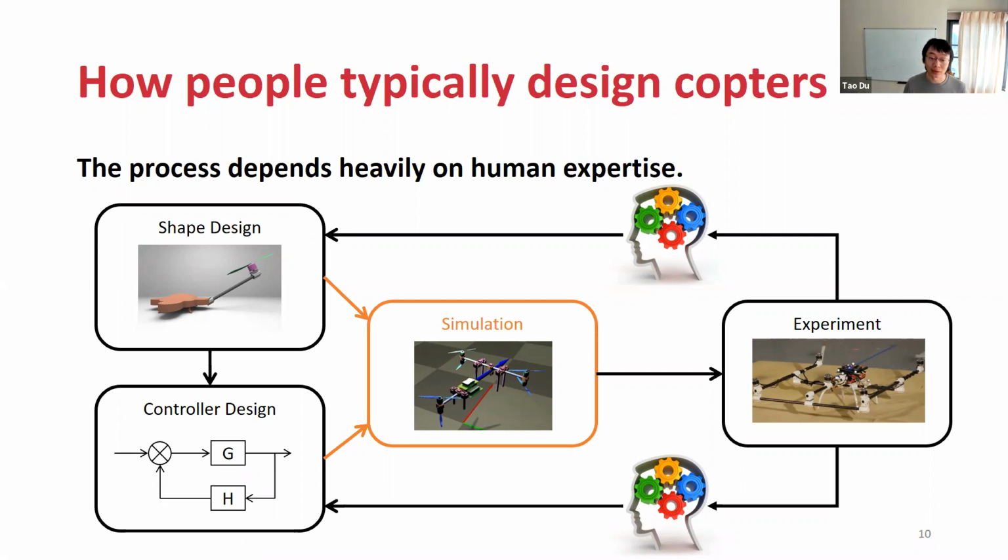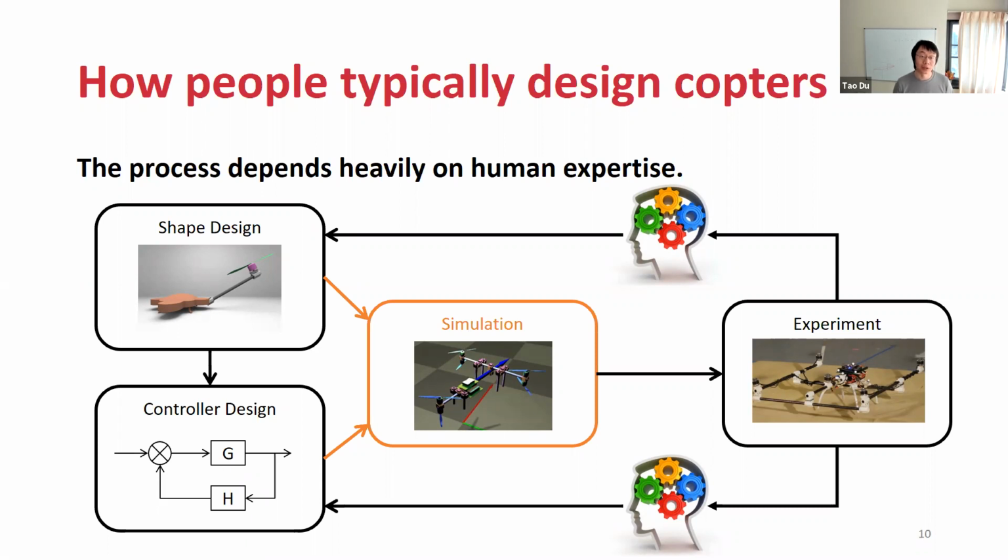Typically a very experienced engineer will start comparing the results and reading the flight log, trying to understand the source of the suboptimal performance and what could be improved, both in terms of the shape and the controller of the robot. This essentially closes the loop in this design process.